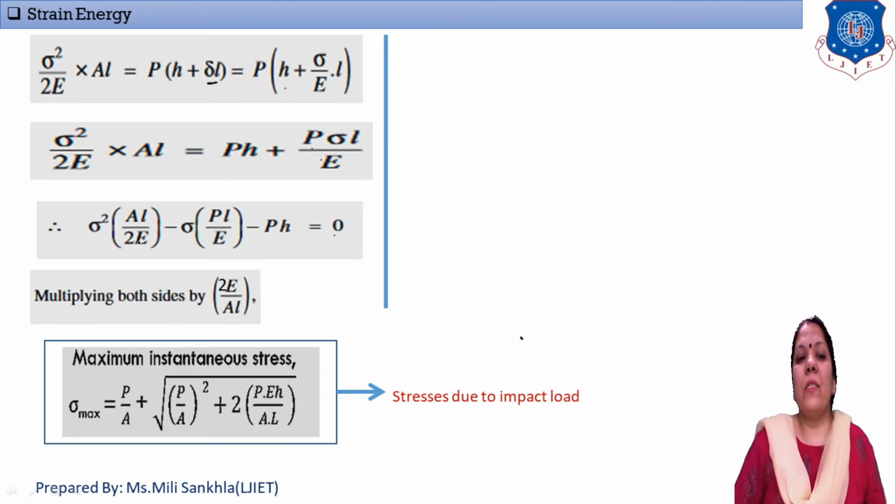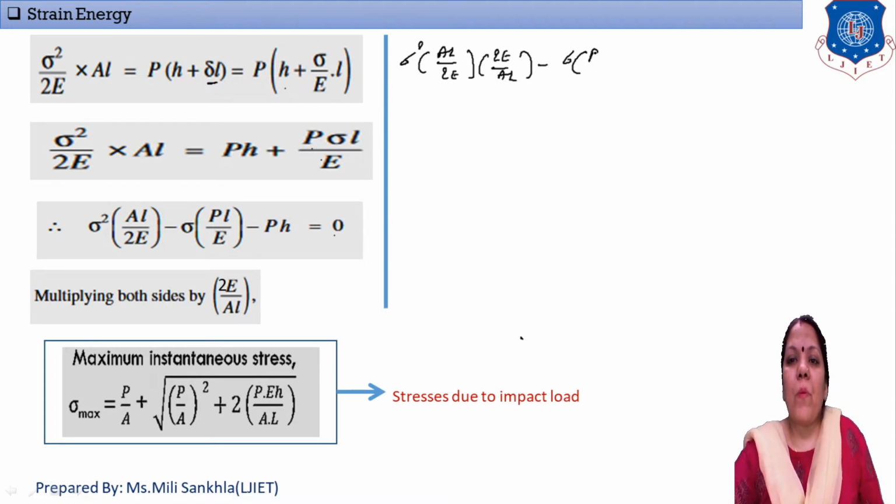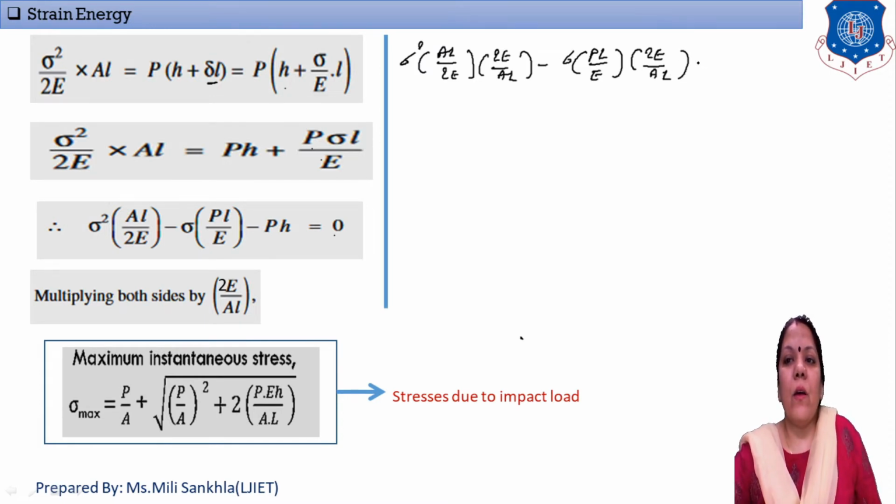First write sigma square AL by 2E, multiplied by 2E by AL, minus sigma PL by E multiplied by 2E by AL, and minus PH into 2E by AL is equal to 0.